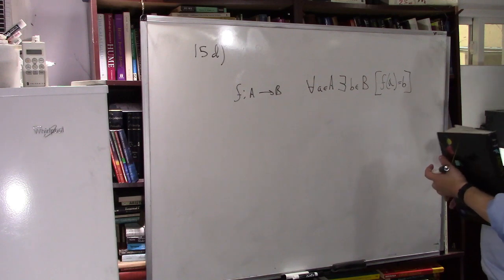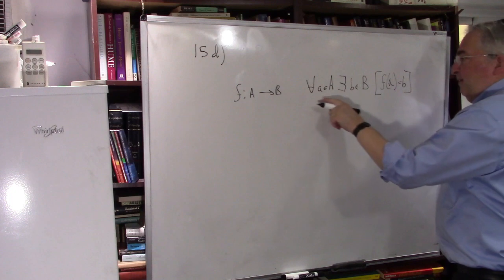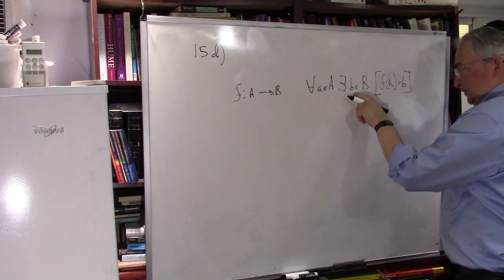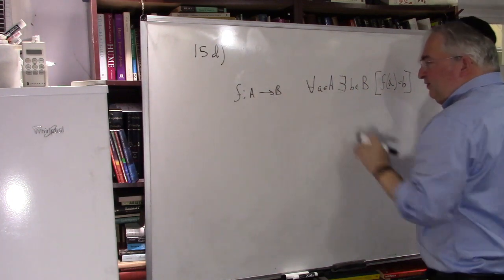By the way, what does this mean? This means for every a there's a b. That's true. That's what the definition of a function is.